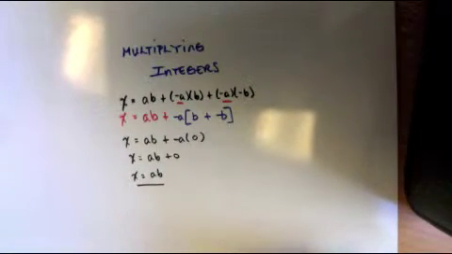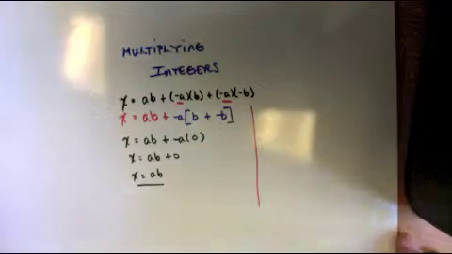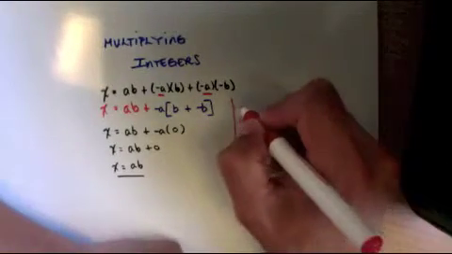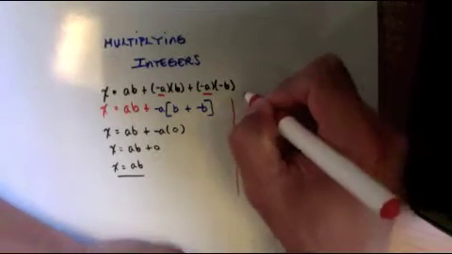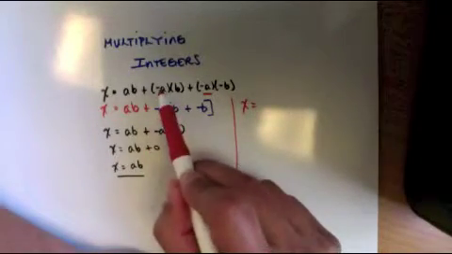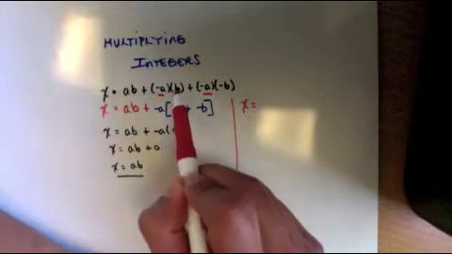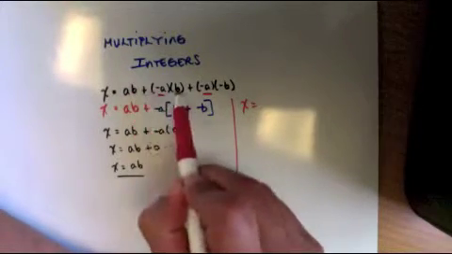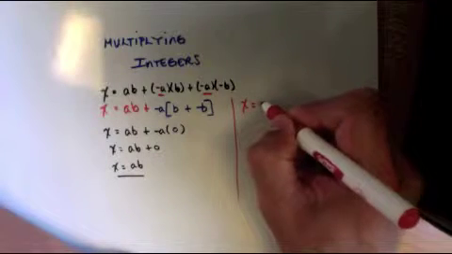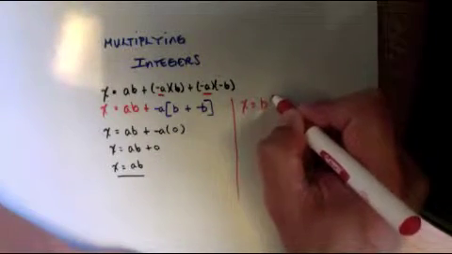I will go ahead and do the same thing. Let me draw a line here, and I'll do the same thing over here. Now instead of taking out the negative A from both, I'm going to take out a B. You notice here I have a B and a B. So I'm going to take out the letter B. And what's going to be left?